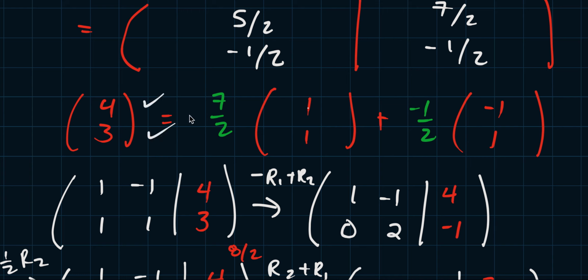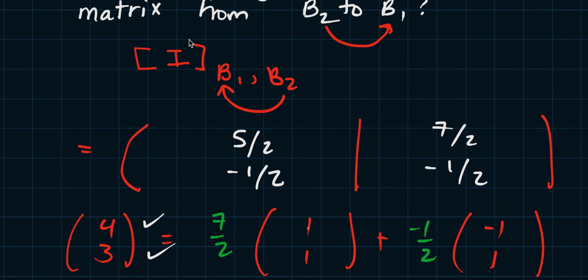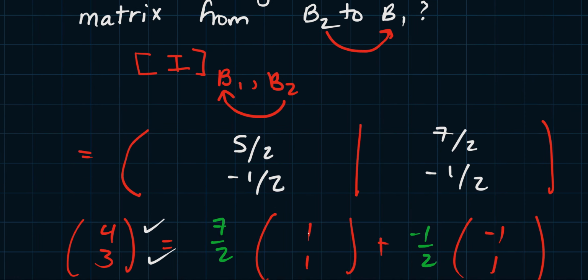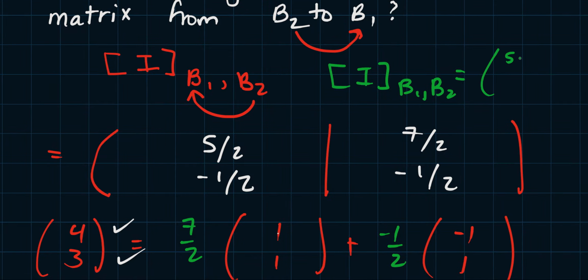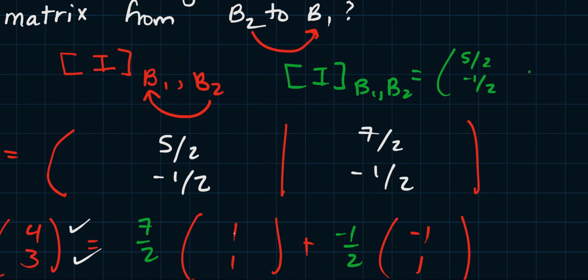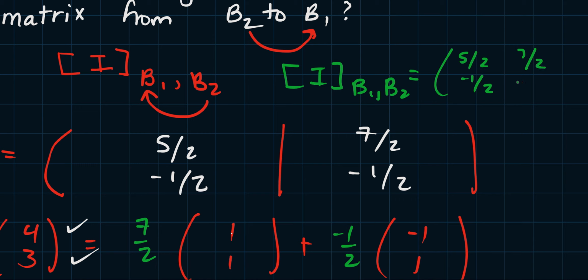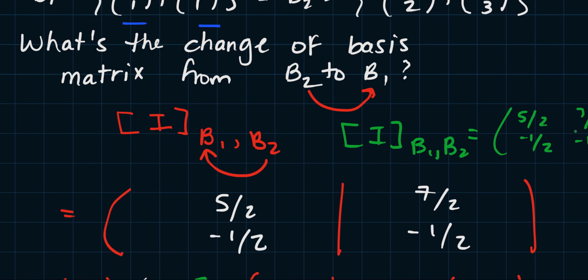That's correct. Okay, so now we have this matrix. So I, B1, B2 is equal to 5 over 2, negative 1/2, 7 over 2, negative 1/2. Okay, and we solved this, the change of basis from B2 to B1.